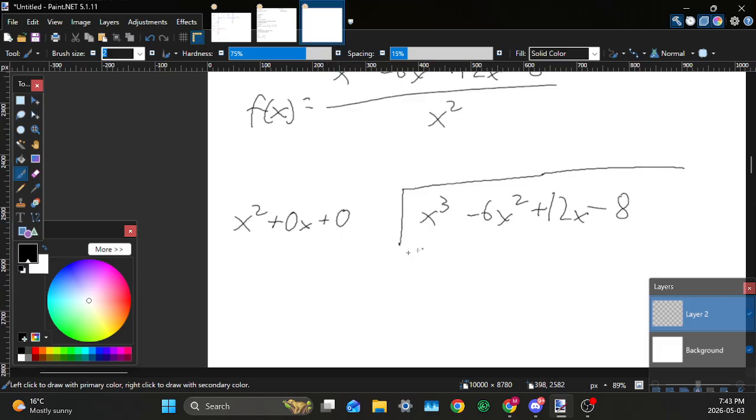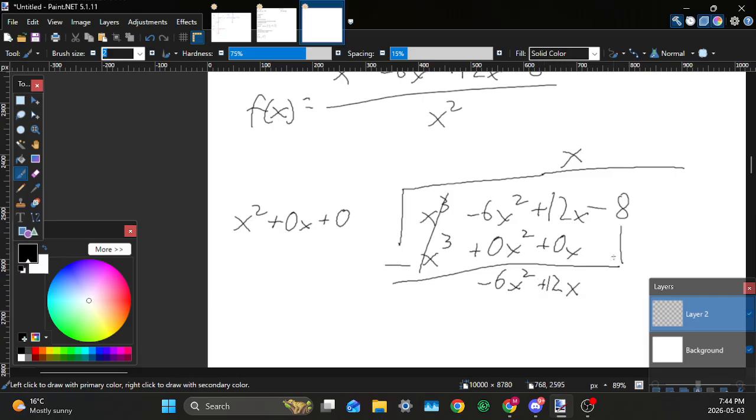Now, as for this equation here, in order to make x squared equal x to the 3, we need to multiply by x. This multiplied by this, x to the 3, we'll get rid of it. And these will just be 0x squared plus 0x. So this will stay as negative 6x squared plus 12x. Bring this down, minus 8.